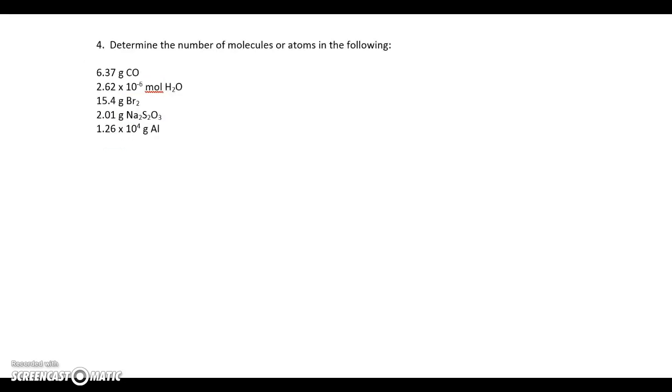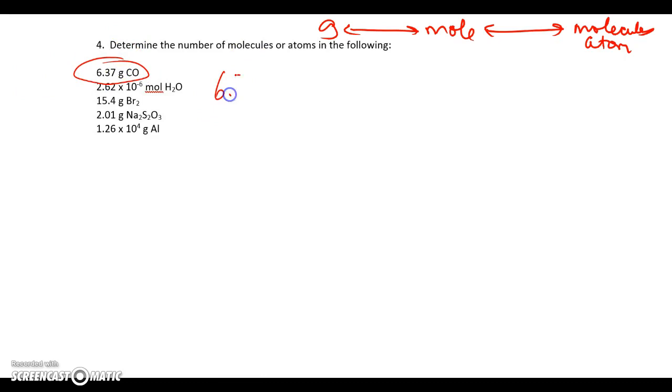All right, last type. Here, we're going from grams all the way through mole, all the way to molecules or atoms, right? This is what we call a two-stepper. So let's pick one to do. Start with this one. 6.37 grams carbon monoxide.